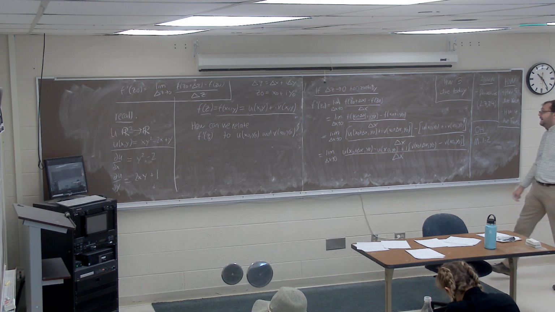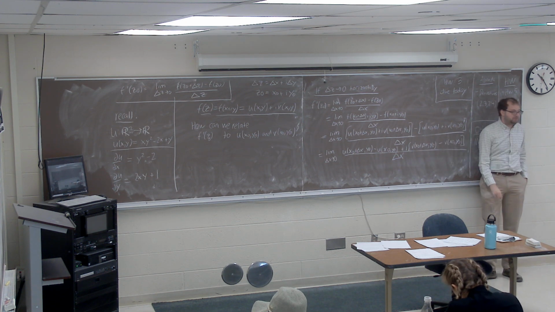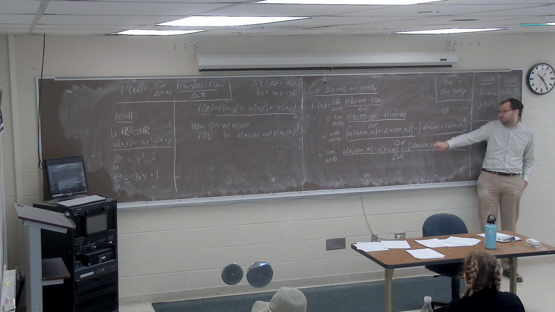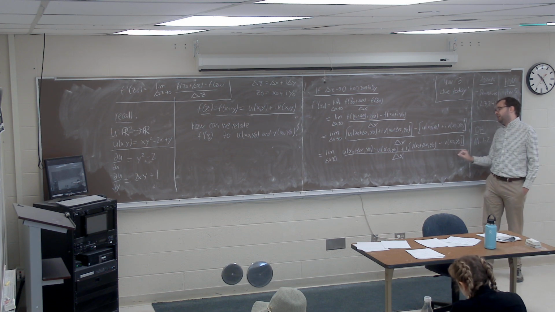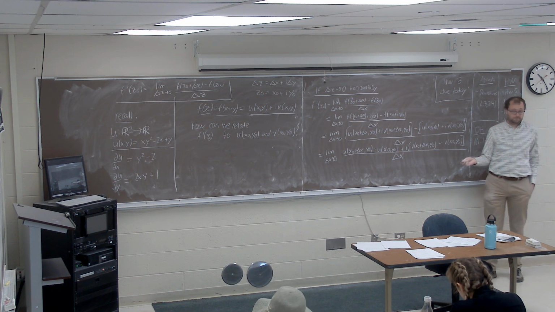So basically, I took the two u terms and put them next to each other, and the two v terms I put next to each other and factored out an I from that.